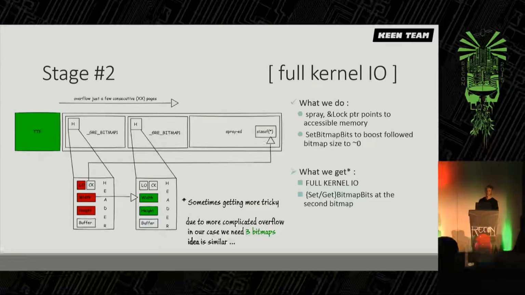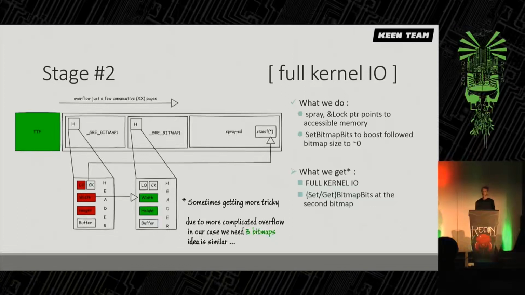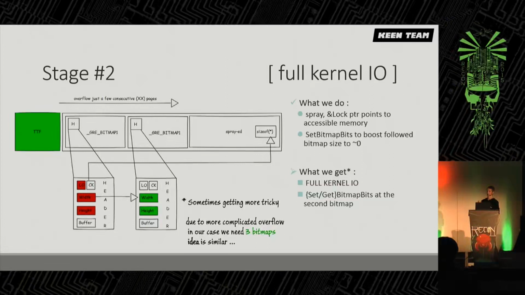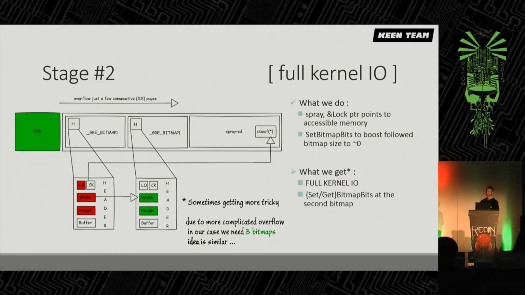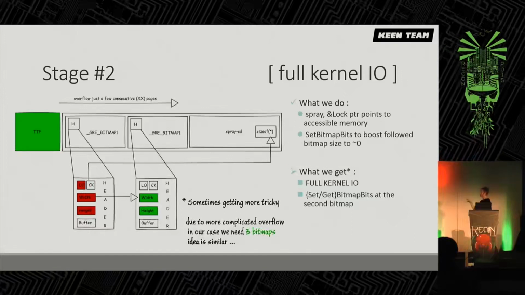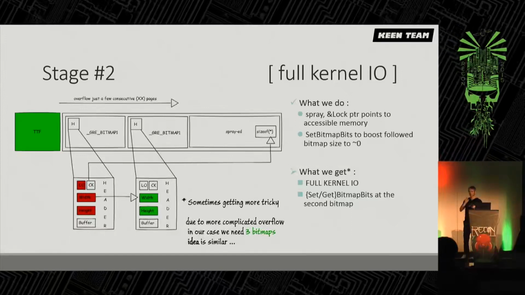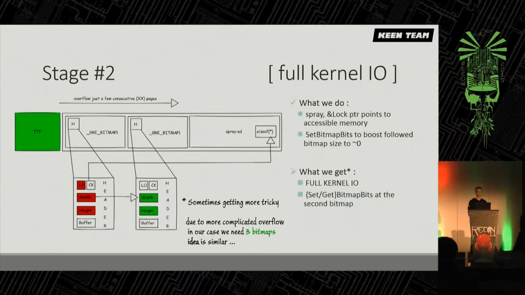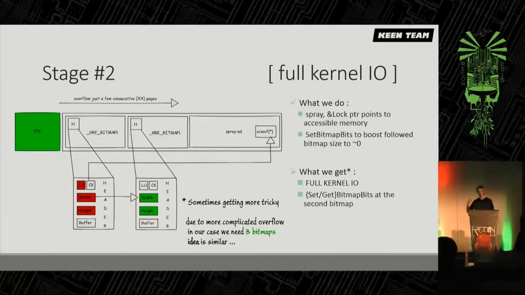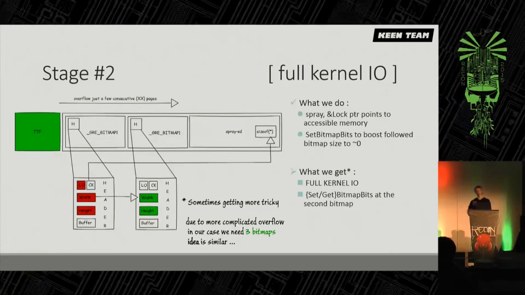And what does it mean for you? It means that even if you corrupt the first bitmap just partially, boosting the size just a little bit, you can use the functions on this first bitmap to alter the second bitmap header and patch the size to, say, -1, which means that you can read or write to all kernel memory.